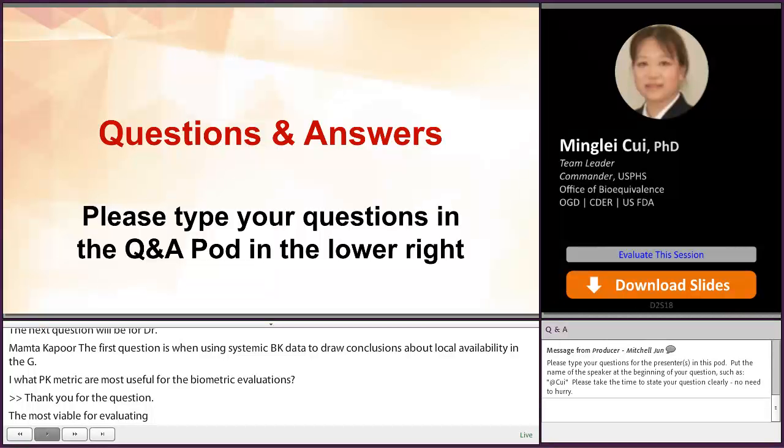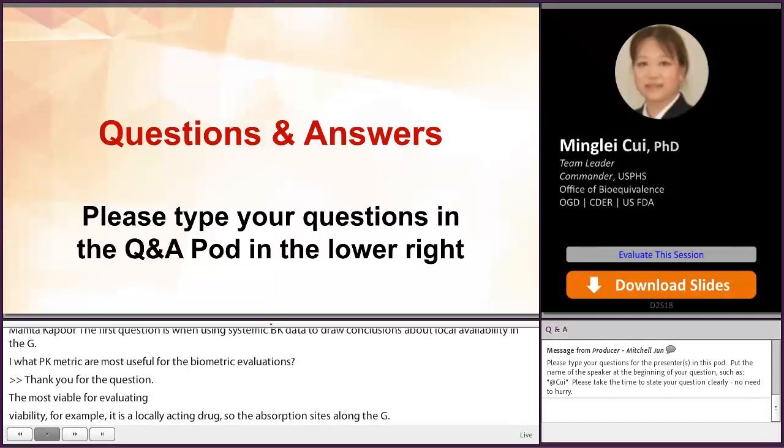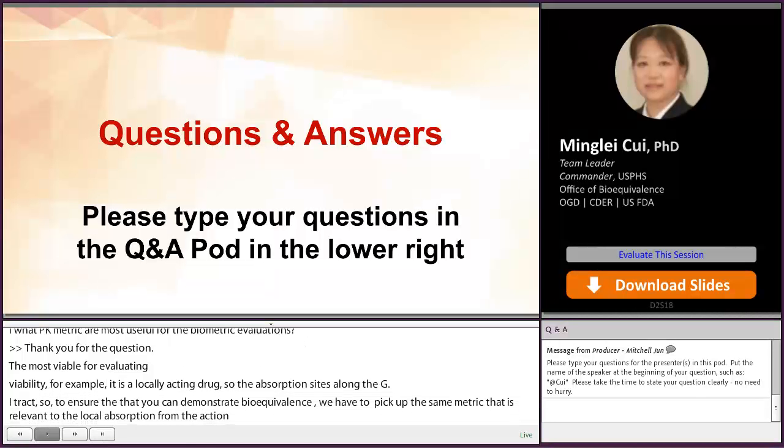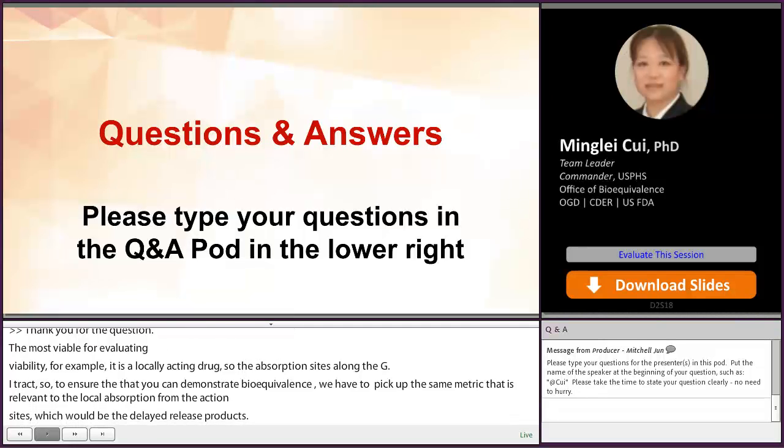So to demonstrate bioequivalence at a local action site, we have to pick the PK AUC metric that is relevant to the local absorption at the site of action, which is why partial AUC. For example, for the mesalamine delayed release product, the partial AUC 84 to 2048 was picked because that time interval is related to absorption at the colon. Thank you.